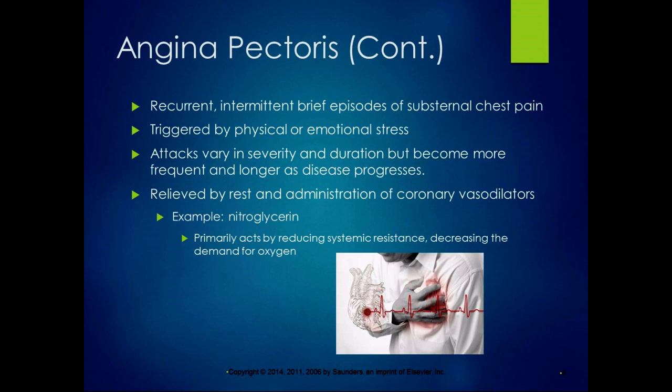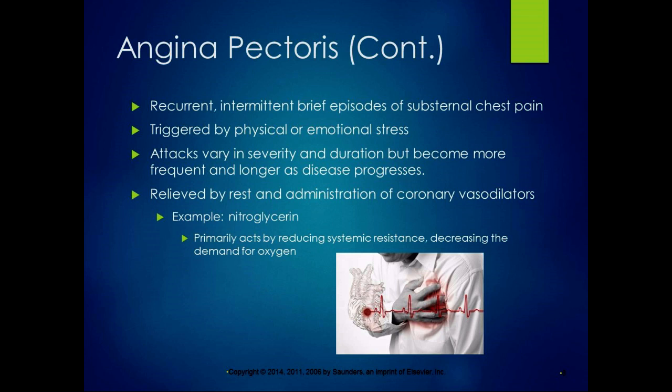So attacks vary in severity and duration, but they become more frequent and longer as the disease progresses because, remember, those arteries are getting more and more blocked, you're getting less and less oxygen, and potentially you're going to be getting tissue damage. Angina is often relieved by rest and administration of coronary vasodilators. So nitroglycerin is commonly used for angina.